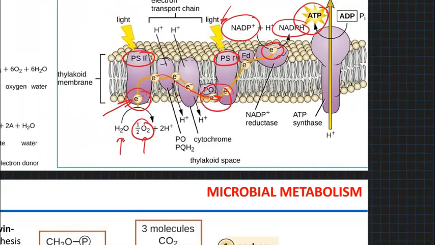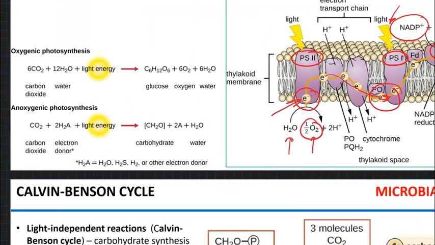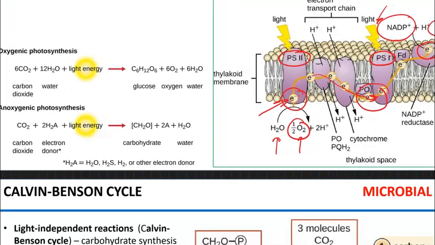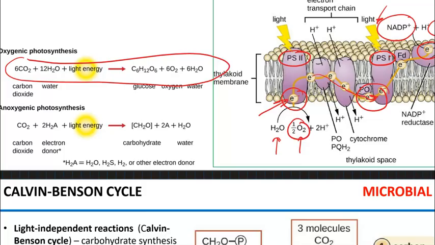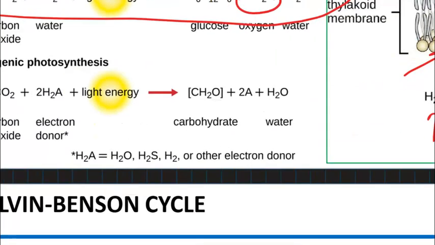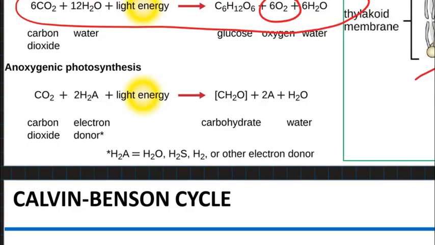But does it have to be oxygen? The answer is no. So this is oxygenic photosynthesis, the one that produces oxygen. But if we replace water with some other donor of electrons, let's say it's going to be hydrogen sulfide, it's going to be fine.